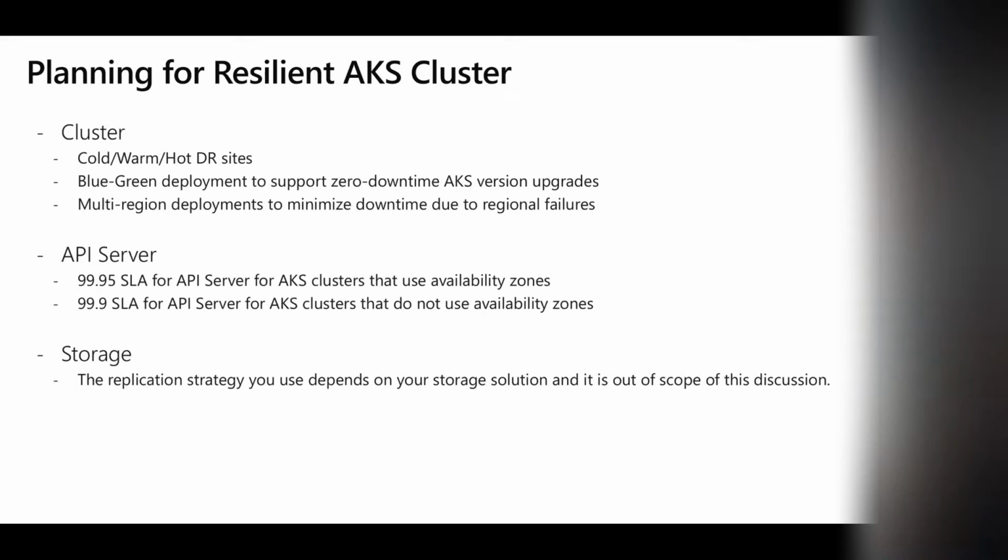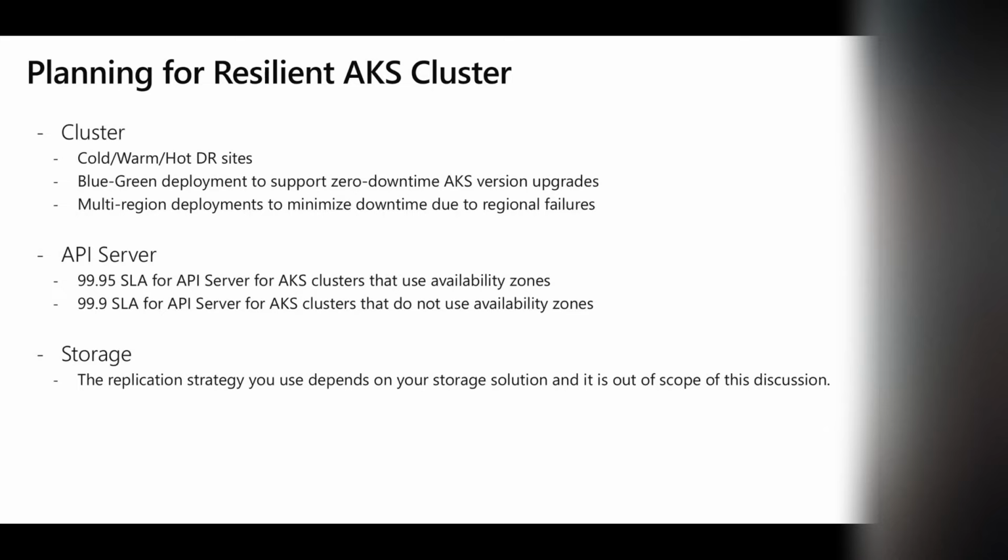You can have cold, warm, hot DR sites. You can have blue-green deployments. You can have geo-redundant deployment. As I said, there are options available, but once again, you have to know what is the SLA that you are going against.